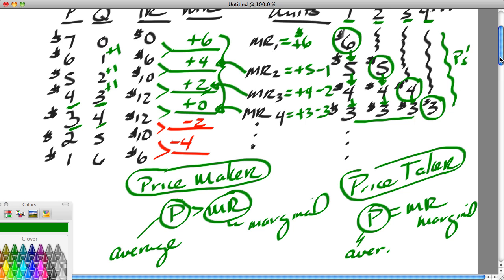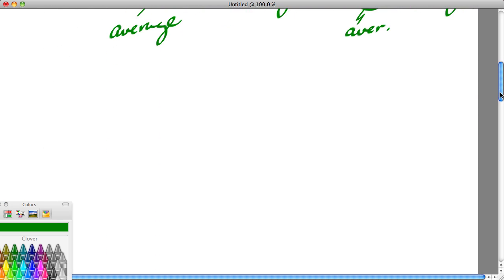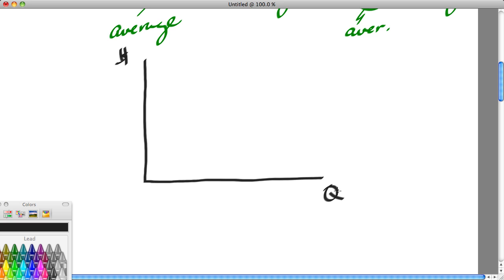Now, if we graph these ideas, let me show you a simple diagram of this. So let me see if I can draw a straight line this morning and another straight line this morning. Not bad. And this is going to be dollars. This is going to be Q. Let me go ahead and use a straight edge.